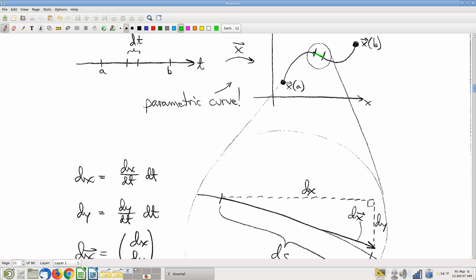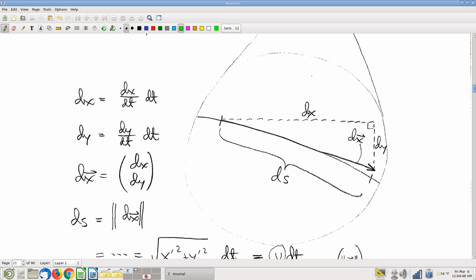The way we're going to understand this little bit of curve, let me blow it up. It's just hard to see on that teeny tiny little picture that I have there, right? So I'm going to blow that up larger. Here's my little piece of curve. I want to understand that piece of curve. I'm going to do so by way of this vector here called the dx vector. We talked about the dx vector way back in chapter 12. It's our position differential, right?